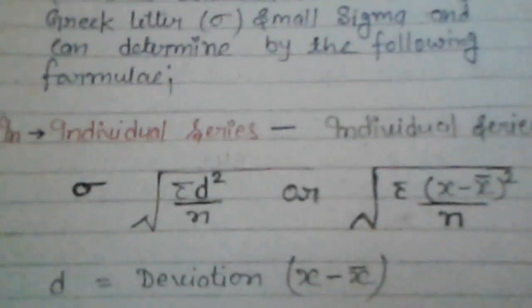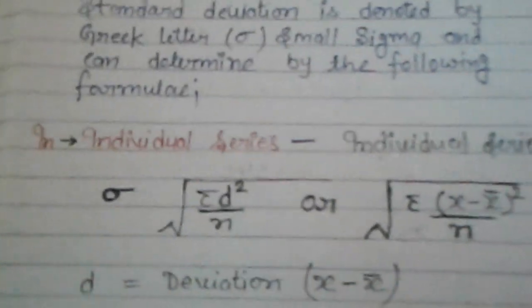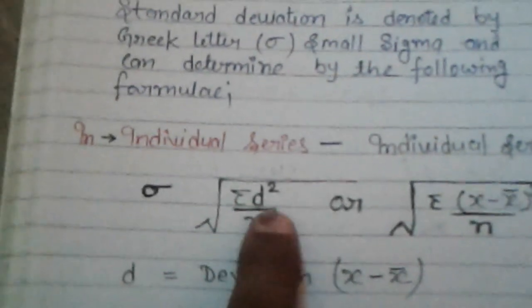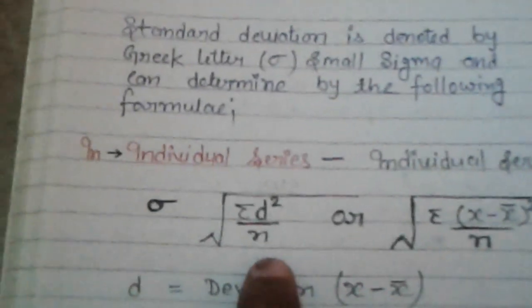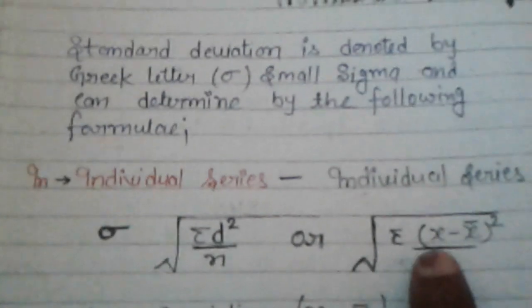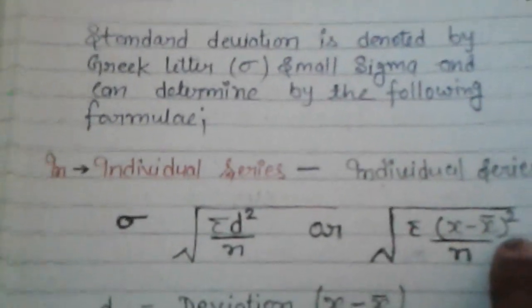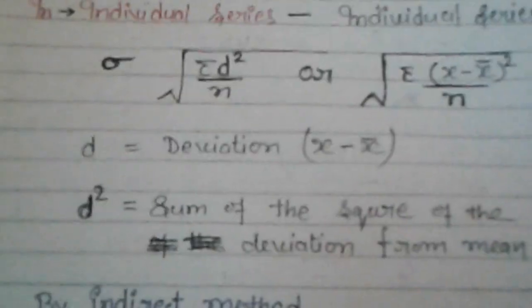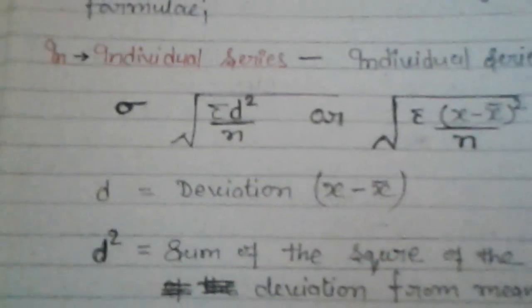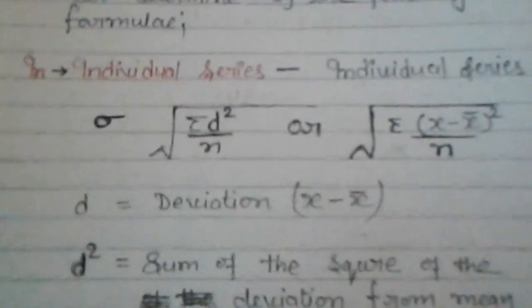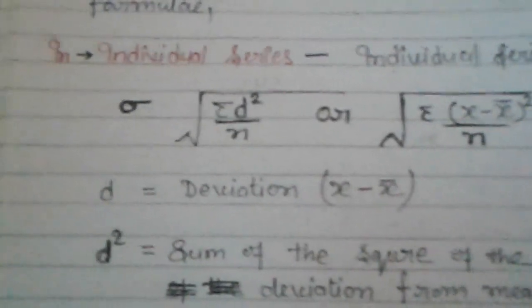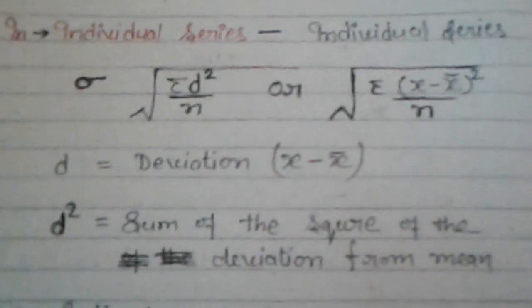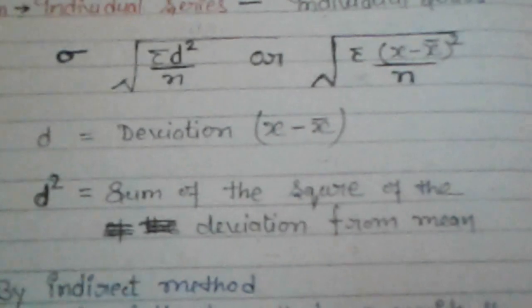In individual series, we can use the formula sigma d squared divided by n, or square root of sigma of x minus mean squared divided by n. We know d denotes deviation, and we find the sum of squares of the deviations from the mean.